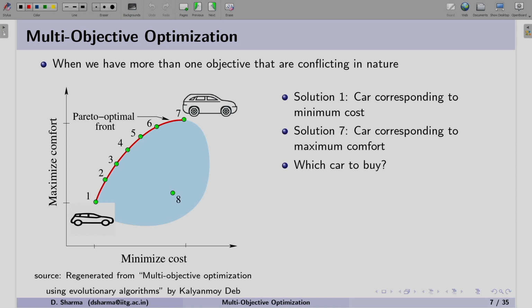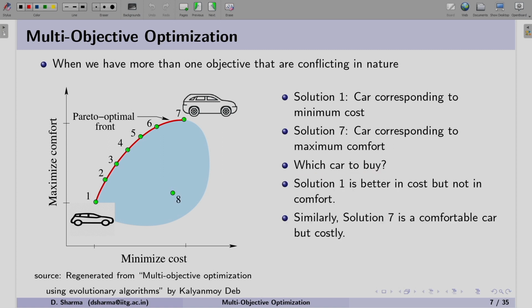Now the question is which car to buy. As we have understood, car number 1 is minimum in cost, but the comfort is not as good.